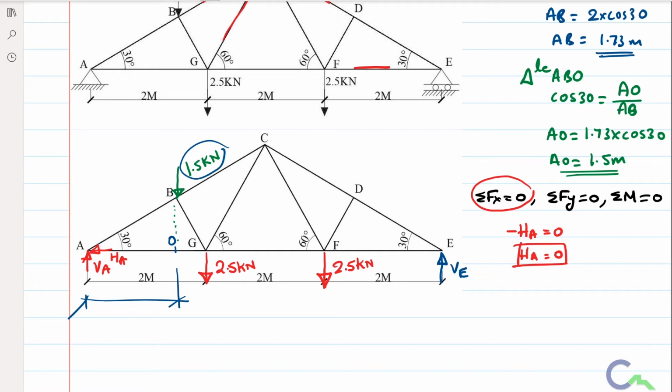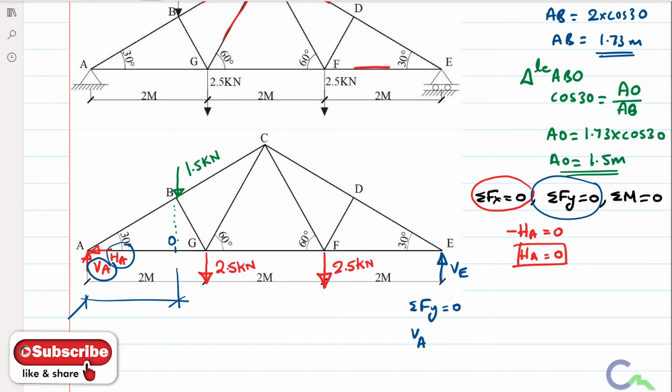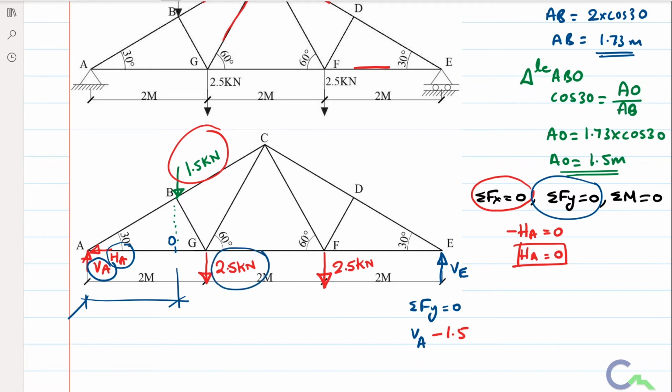The vertical forces are, so I am going to consider the second equilibrium condition. I will start from left side. HA is completed in the previous step. VA is acting upward. So summation of vertical forces is equal to 0. VA is acting upward. Then we have 1.5 kilonewton here, that is acting downward, therefore minus 1.5. Then we have 2.5 kilonewton which is acting downward, that is minus 2.5.